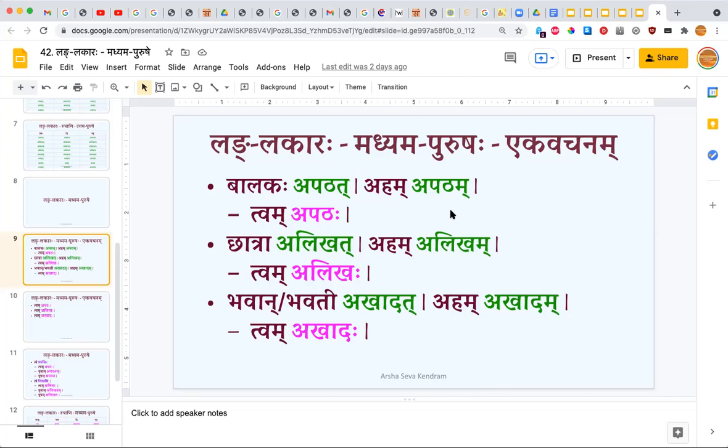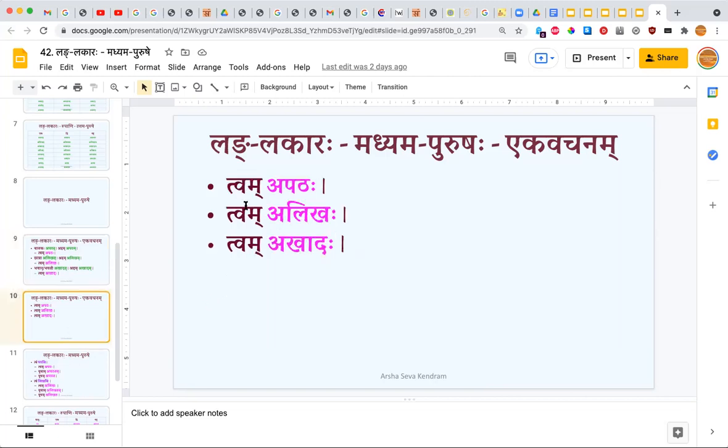Whatever happened in the past, we are just going to use the Lang Lakara form. So tvam apataha, tvam alikhaha, tvam akhadaha.